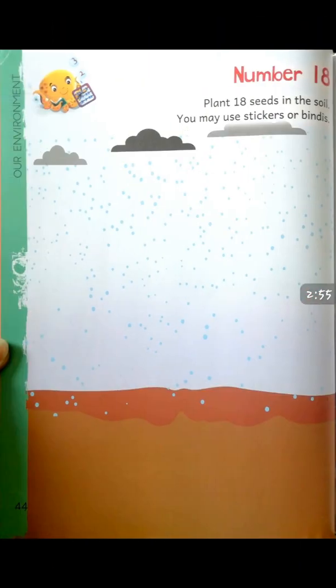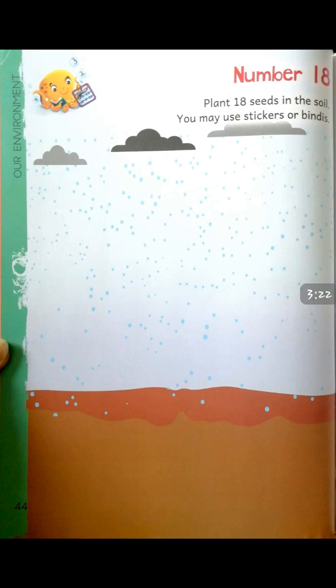Now open your book at page number 44. Number 18. Plant 18 seeds in the soil. You can use stickers or any kind of bindis for seeds. But remember, you have to plant only 18 seeds into the soil.